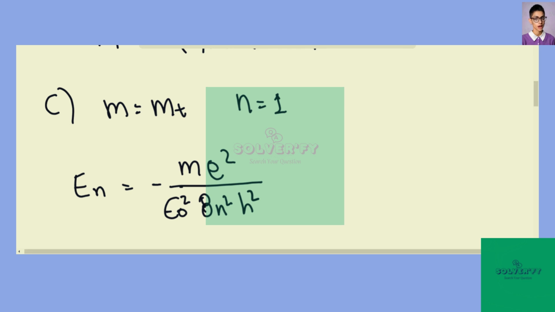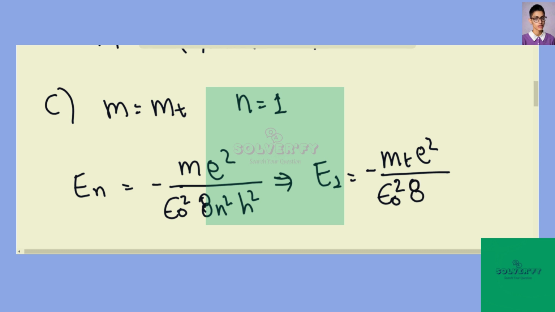For n equal to 1, this reduces to minus m e to the fourth over 8 epsilon sub 0 squared h squared.